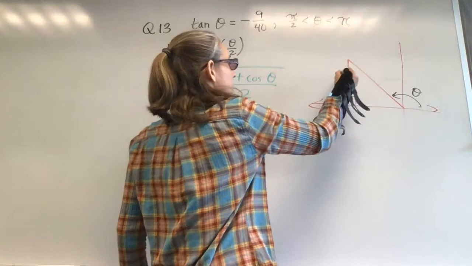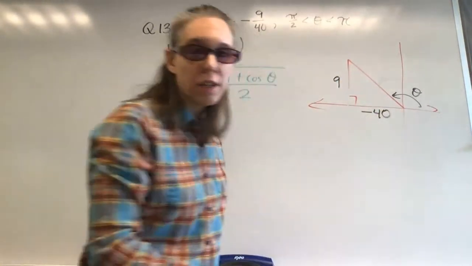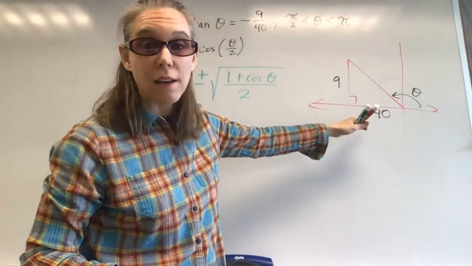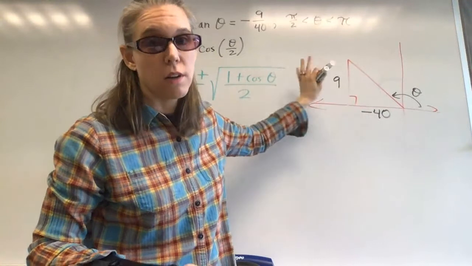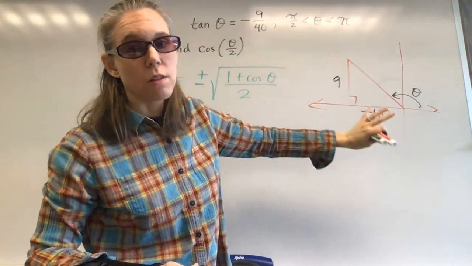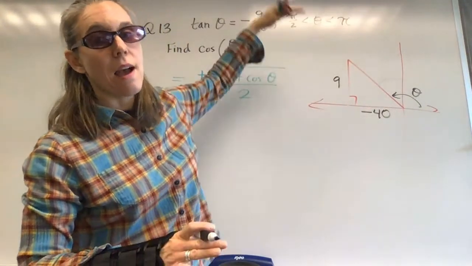So the 9 is positive and the 40 is negative. So make sure that you put the negative on the correct part. Very common mistake: somebody will put the negative up with the 9 and not with the 40. Just pay attention to the fact that you're moving left and then up.